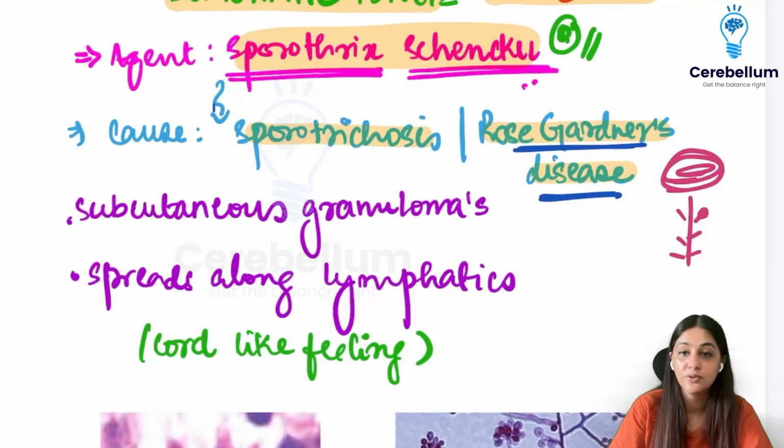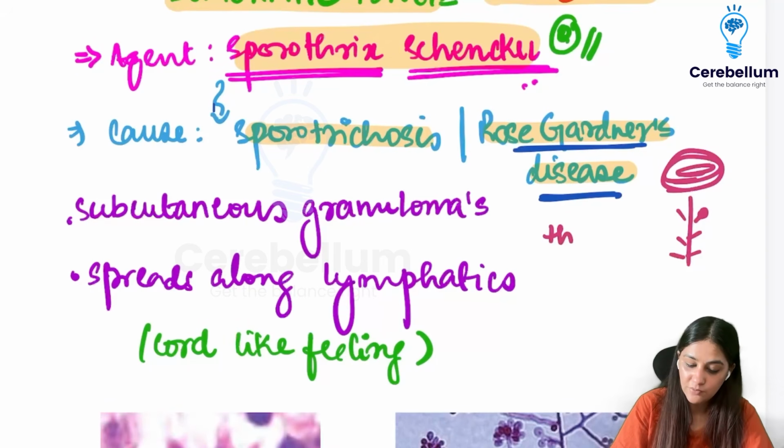So they are present in the thorns, and in the clinical history, you will get a person who was working in the rose gardens, got a thorn prick, or they got a splinter prick.